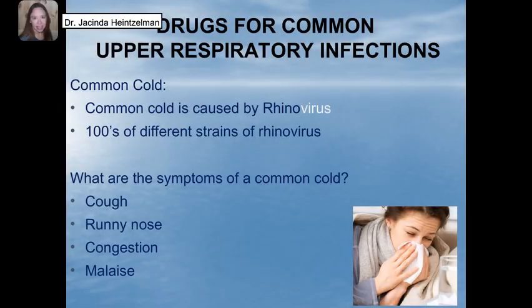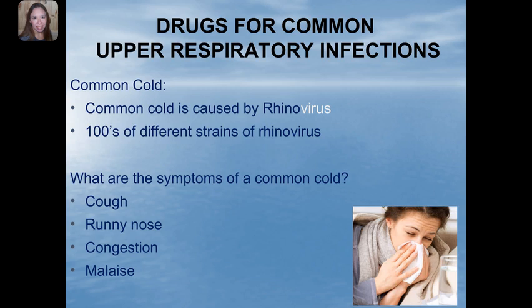Moving on, let's talk about another upper respiratory condition that our patient may experience. And in this case, it's going to be an upper respiratory infection. We're going to talk about the common cold. The common cold is going to be caused by the rhinovirus. Oh my.